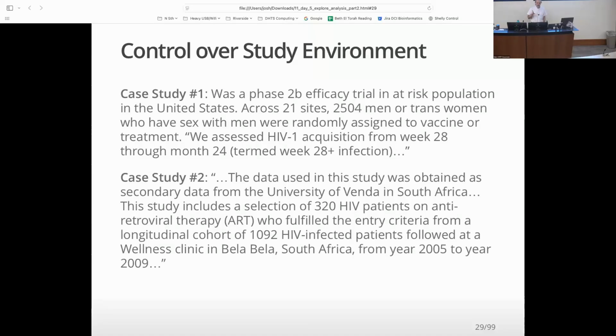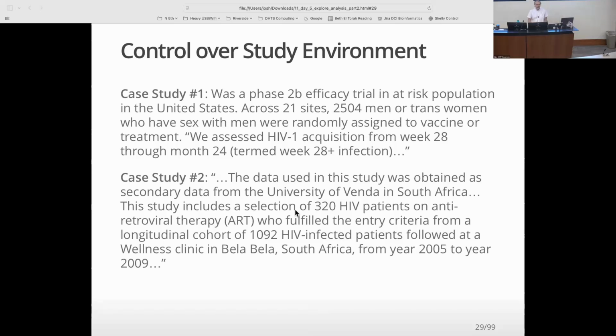And then the question I want you to think about is, do you think that this is an experimental study or an observational study? Then read the snippet for case study 2 and consider the same question. I'll give everyone a minute to read this. Okay.